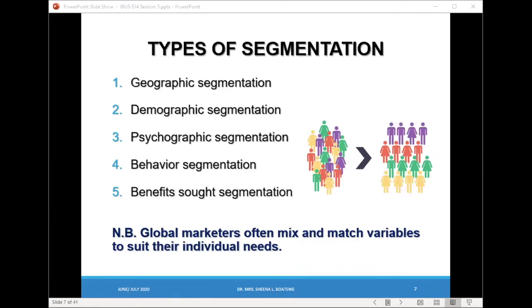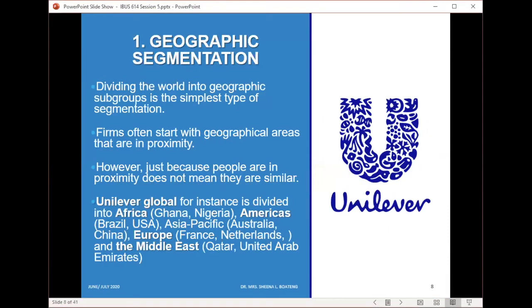So let's go into the different types of segmentation one after the other. First, let's talk about the most common one, which is geographic segmentation. And geographic segmentation, basically, like the name suggests, means dividing the world into geographic segments or subgroups. And firms often start their segmentation off from the geographic angle.